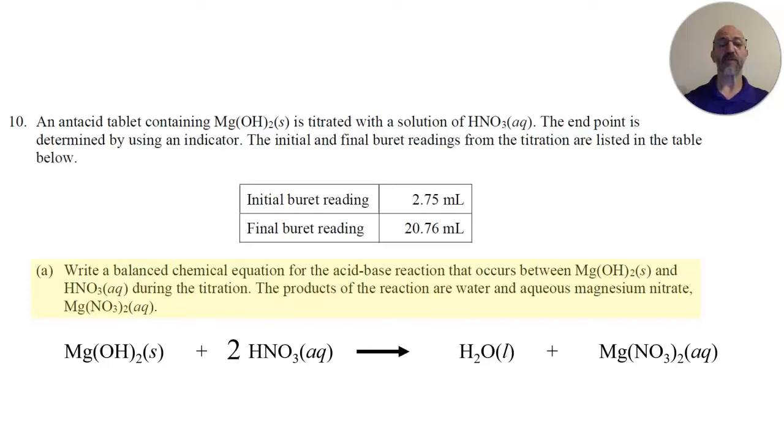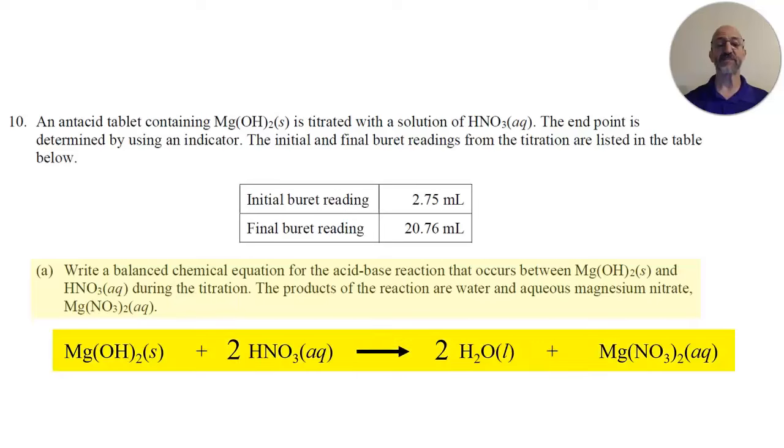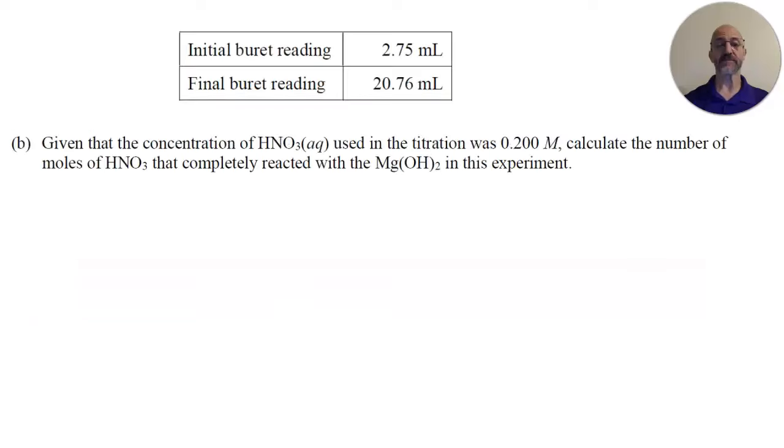And now we have 4 hydrogen atoms on the left, so we need to put a 2 in front of the H2O to balance the 4 hydrogen atoms. All right, well now this equation is balanced, but notice it is 1 mole of magnesium hydroxide for every 2 moles of nitric acid. All right, let's move on to part B, and I'm sure we'll need to use those coefficients in our stoichiometry calculations.